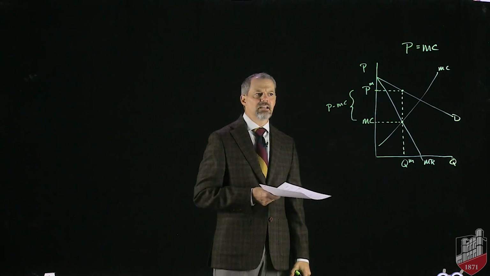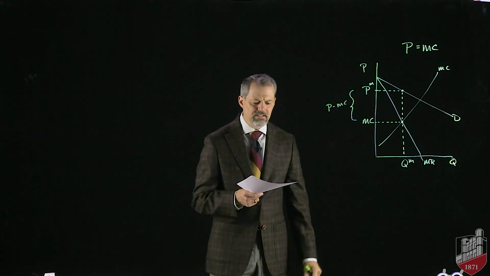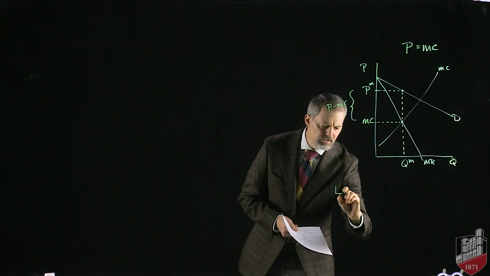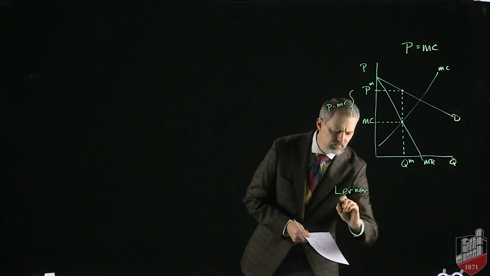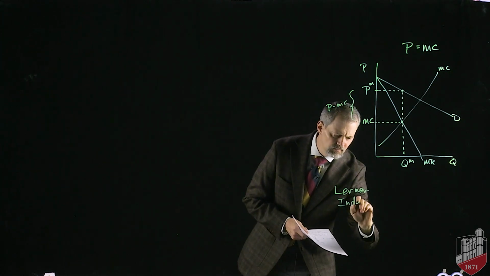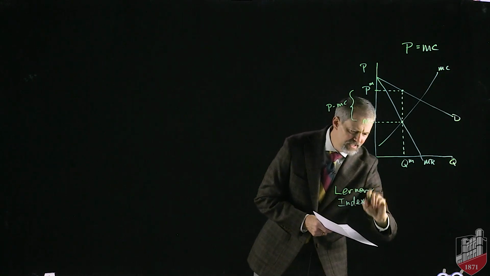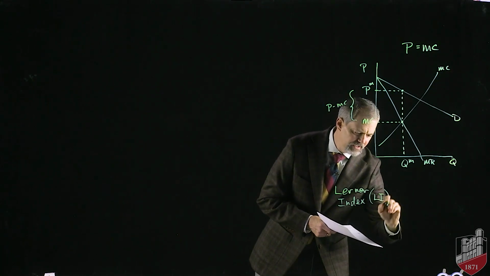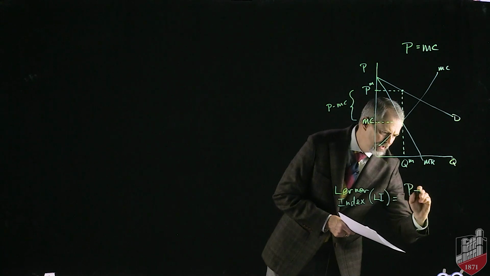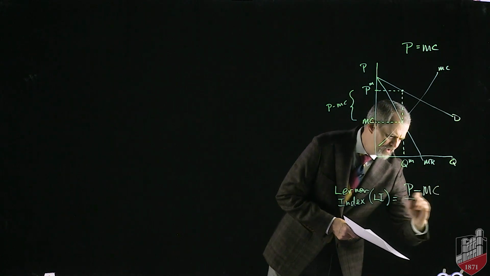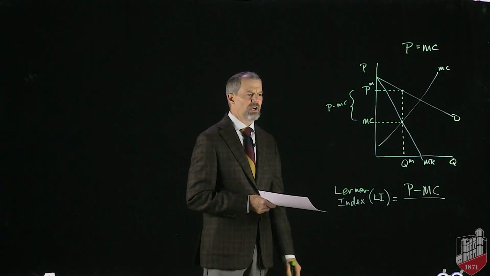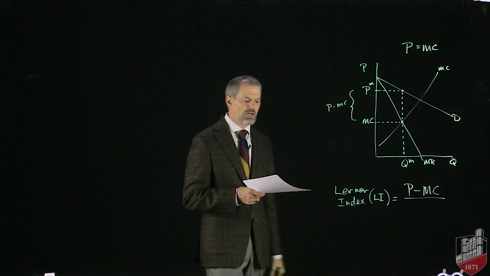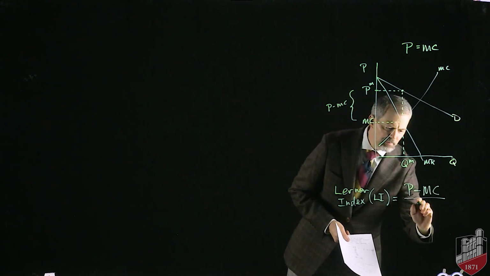We can calculate something that we call the Lerner index. So the Lerner index, often abbreviated LI, the Lerner index is simply the difference between price and marginal cost, that's the markup, divided by the price.